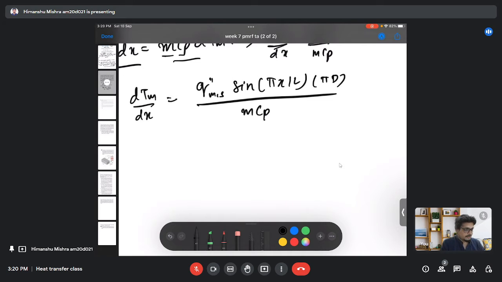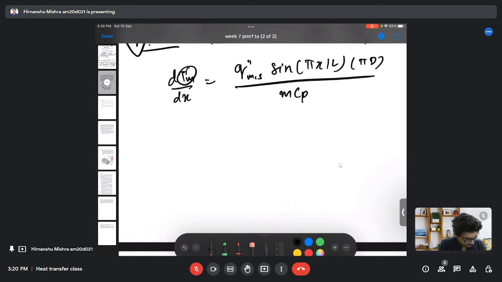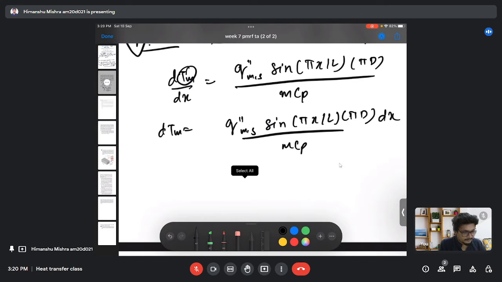So now I need to integrate this expression to find the average temperature, or Tm. I will be integrating this expression, and my upper limit is the outlet temperature and the lower limit is my inlet temperature.